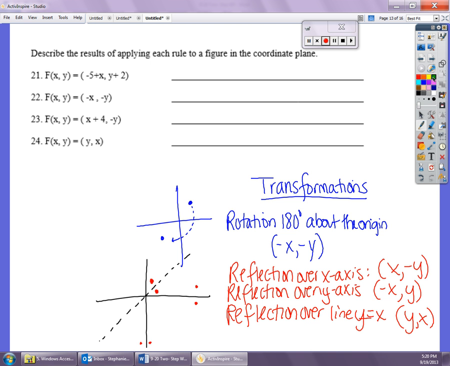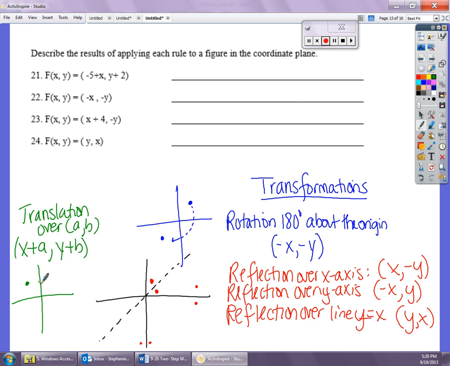Last one is your translation over AB, and that's (x plus a, y plus b), which means that if you start here, you're just moving in a certain direction to your next space.